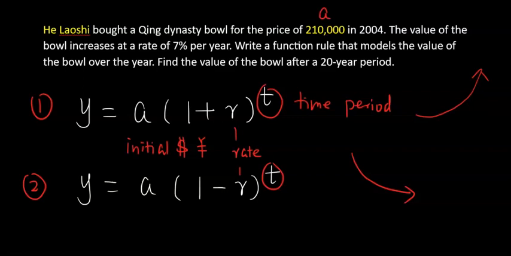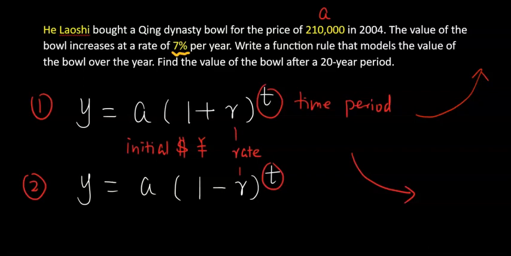The value of the bowl increases, exponential growth, at a rate of 7% per year. So that's exponential growth. The rate is 7%. So that's our rate.